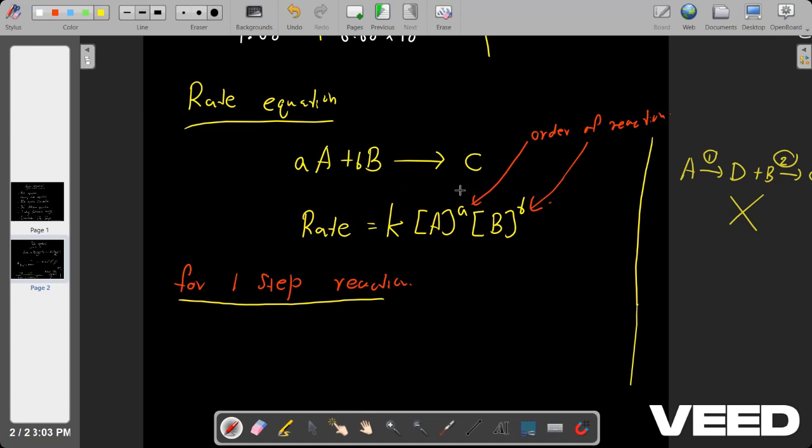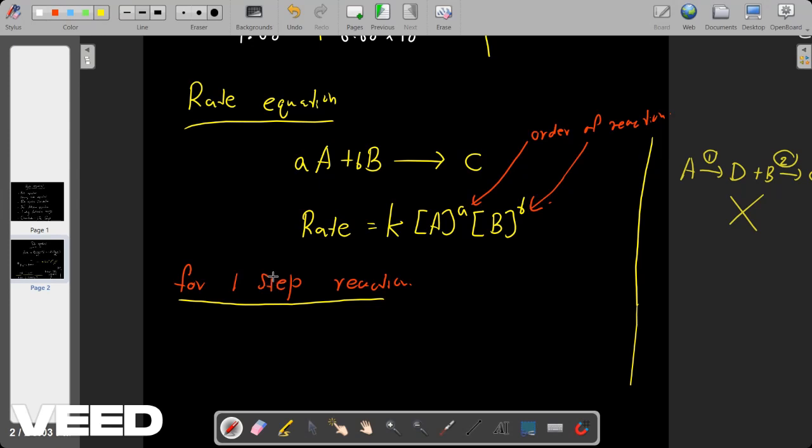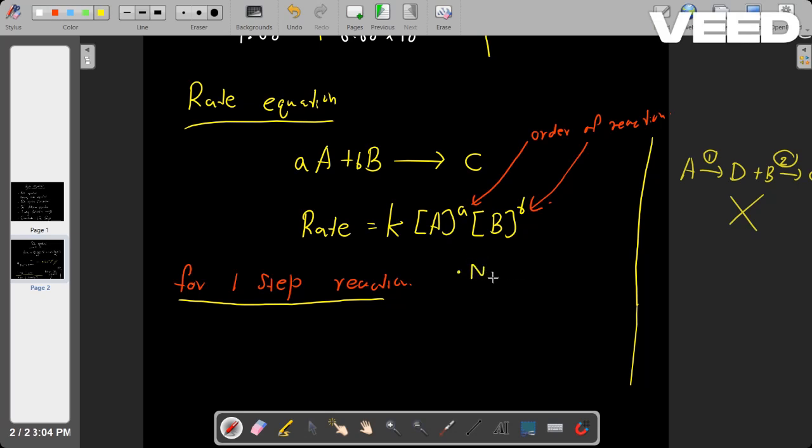Another thing: in a rate equation, we don't write the intermediates. No intermediates must be written.